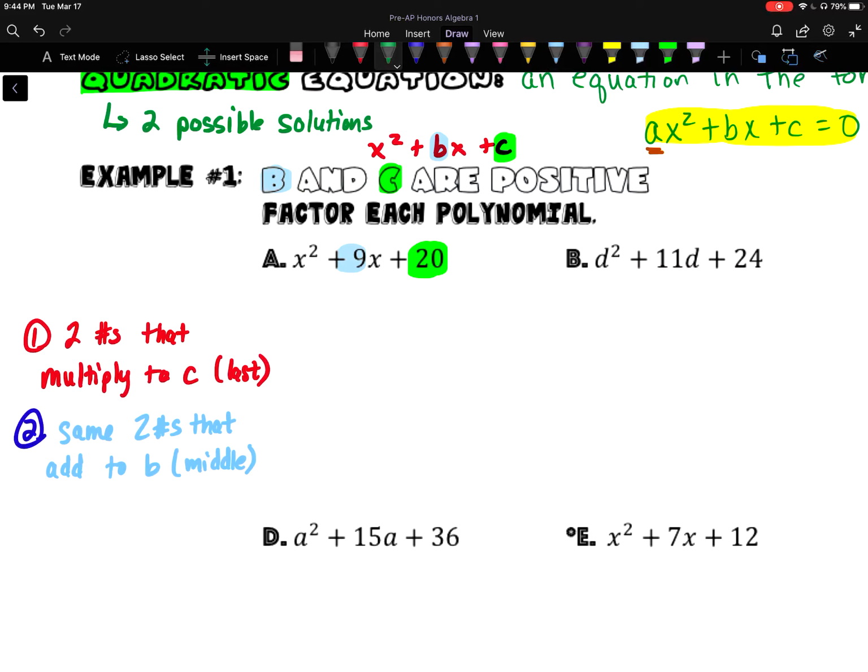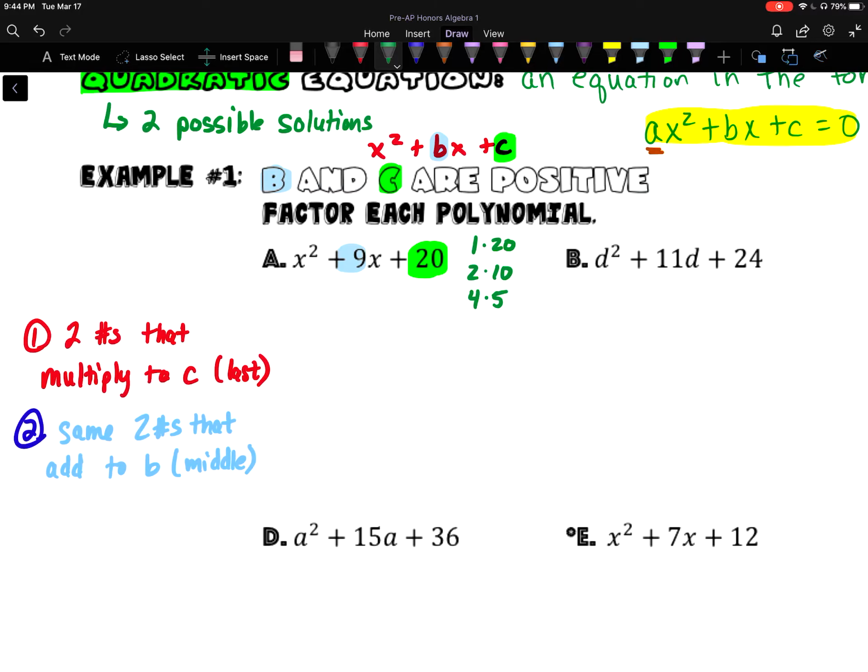If you have your factor sheet, look and search for 20. I don't have that readily available now, so I'm just going to list out the factors of 20. So we have 1 times 20, 2 times 10, and 4 times 5. You could also keep going and say 5 times 4, but remember that multiplication is commutative, so 4 times 5 is the same thing as 5 times 4.